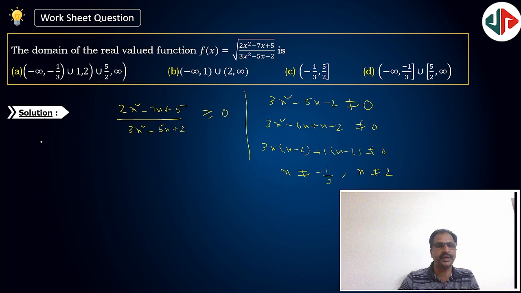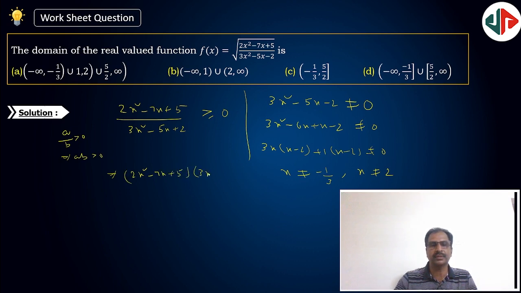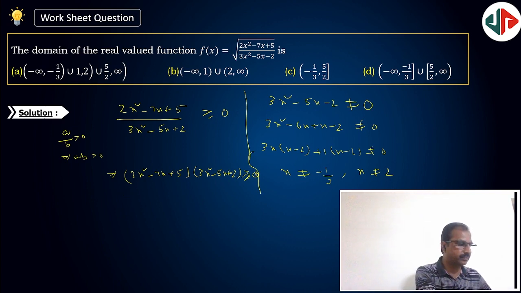Next, if a by b is positive, a into b is also positive, which means 2x square minus 7x plus 5 into 3x square minus 5x plus 2 should be greater than or equal to 0. What are the factors for 2x square minus 7x plus 5?